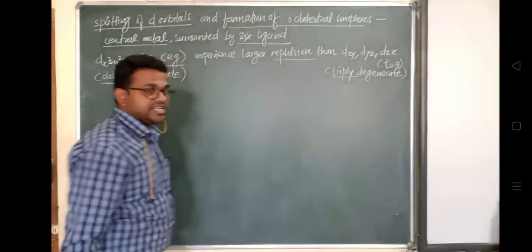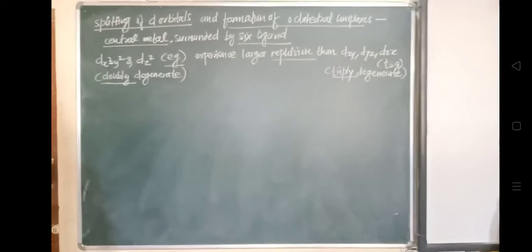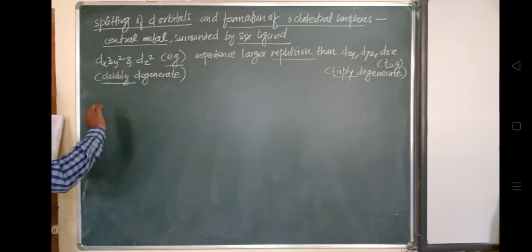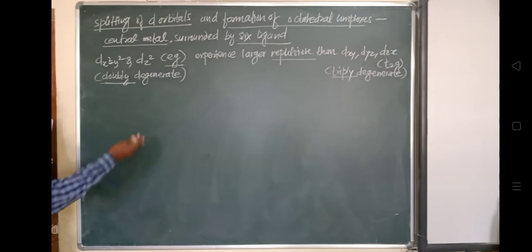As these two sets are derived, we will draw the diagram for this difference in their energies, for the splitting of these d orbitals.